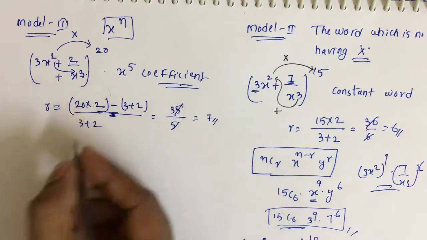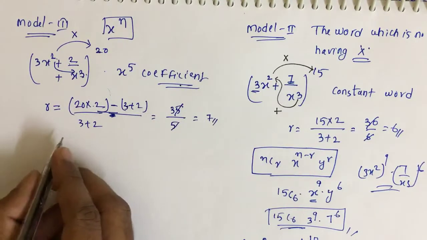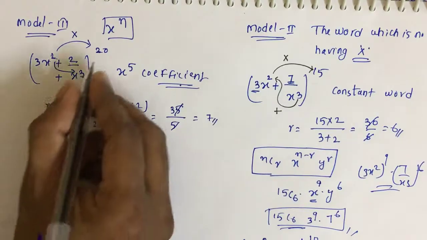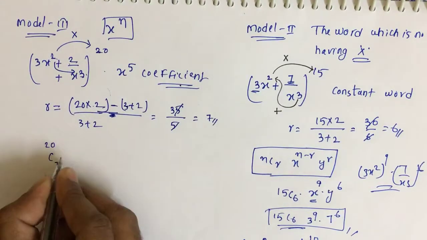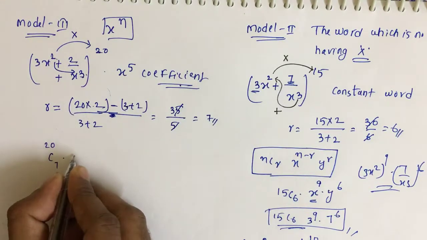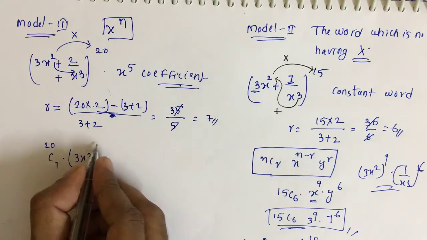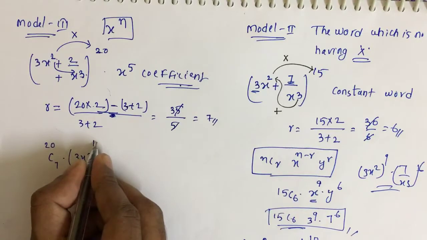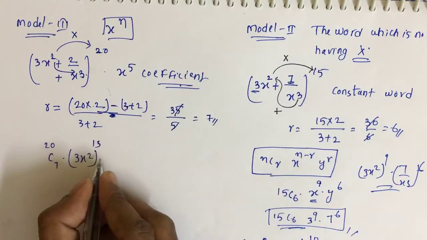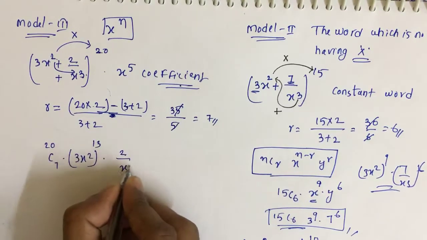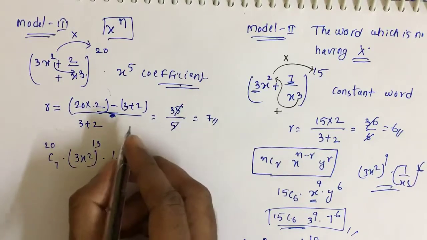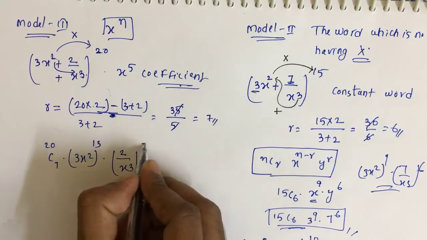So now we can do the coefficient, like 20C7, then 3x square, and this will be 20 minus 7, 13, then 2 by x³, r value 7.